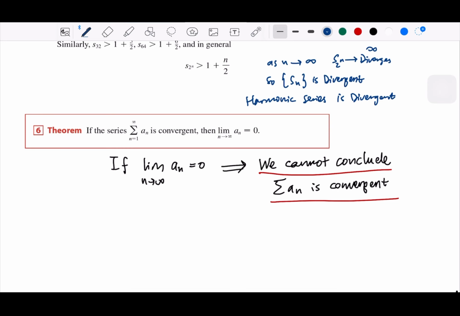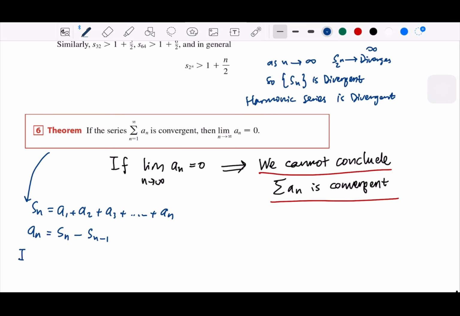So if you want to prove this theorem, we could start from Sn. We define Sn, and we could make another relation between an and Sn, in which an is Sn minus Sn minus 1. So it's the difference of the Sn itself.